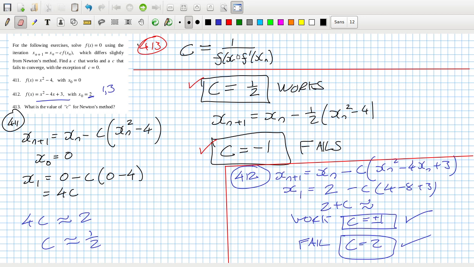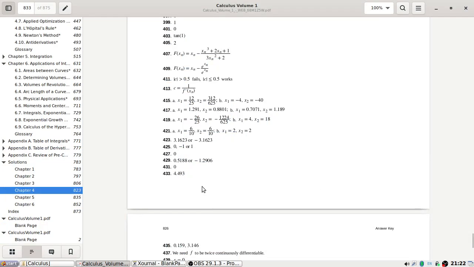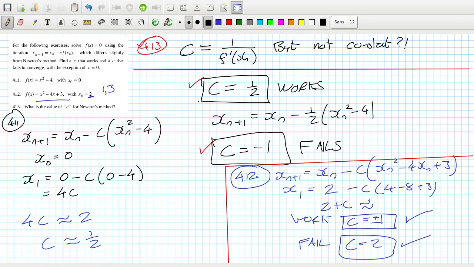No, sorry, just 1 over f'. Yeah, but that's not really a constant. So the answer says, yeah, but c isn't a constant. It's c, not c(xn).